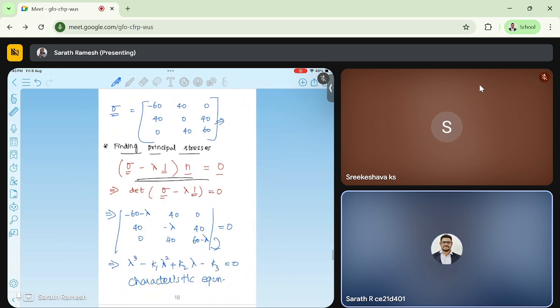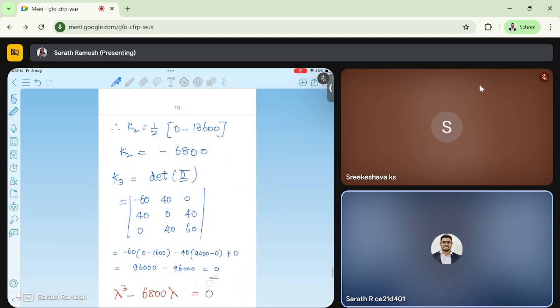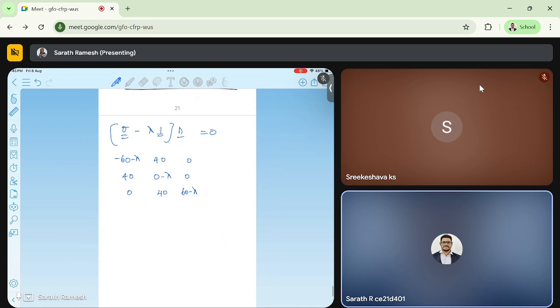And there's another 40 above. This is not 0, 40. I hope this is correct, right? This times, I'll write this as nx1, ny1, nz1 is equal to 0, 0, 0.